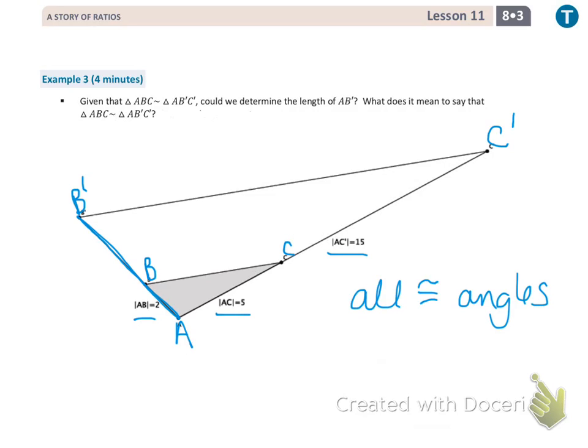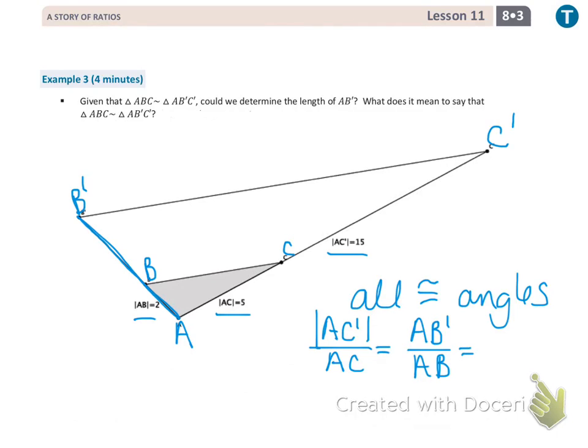Okay, and we'd have all corresponding sides in proportion. So that would mean that AC prime over AC is equal to AB prime over AB.